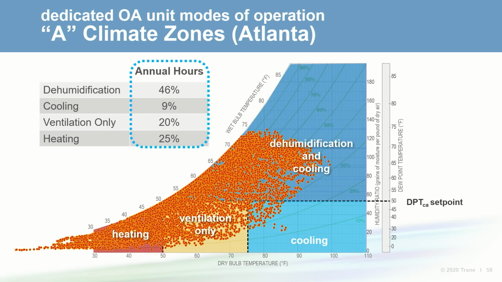While for 20% of the hours, the air will be delivered unconditioned in ventilation-only mode. The further south you go, there will be more hours in dehumidification mode and fewer in heating, while in the north, there will be fewer hours in dehumidification mode with more in heating.